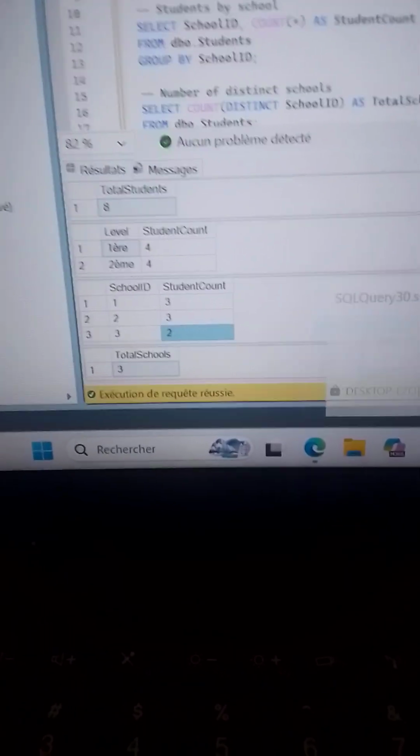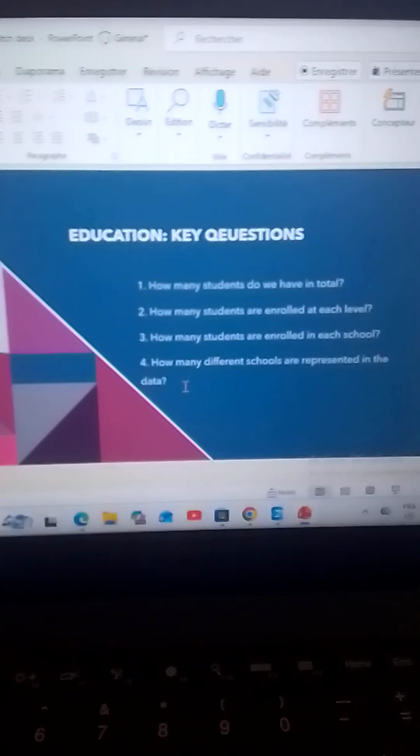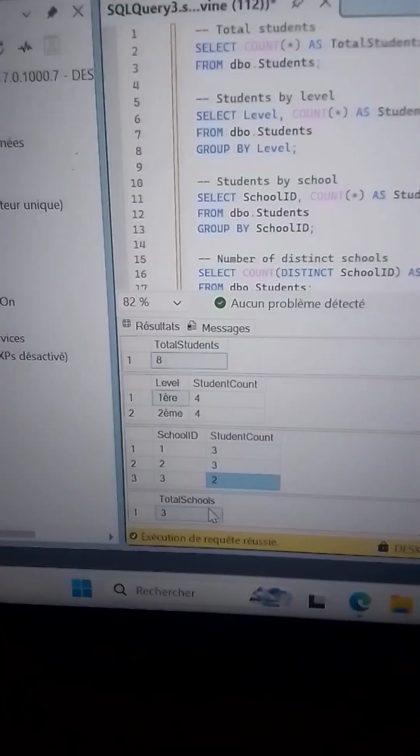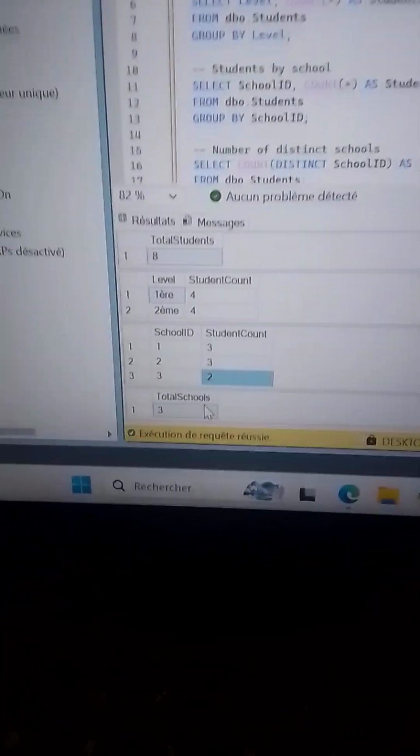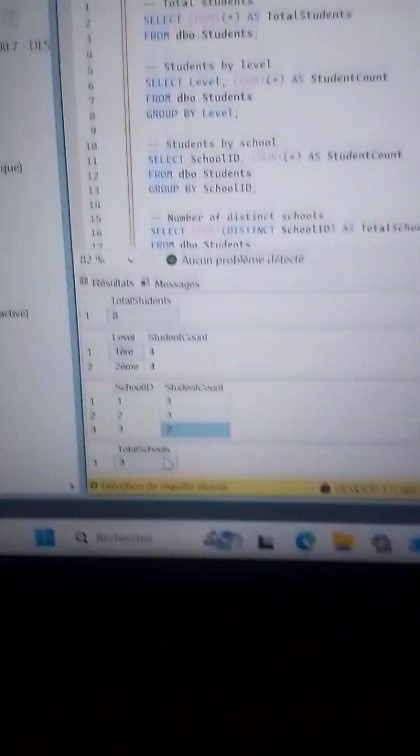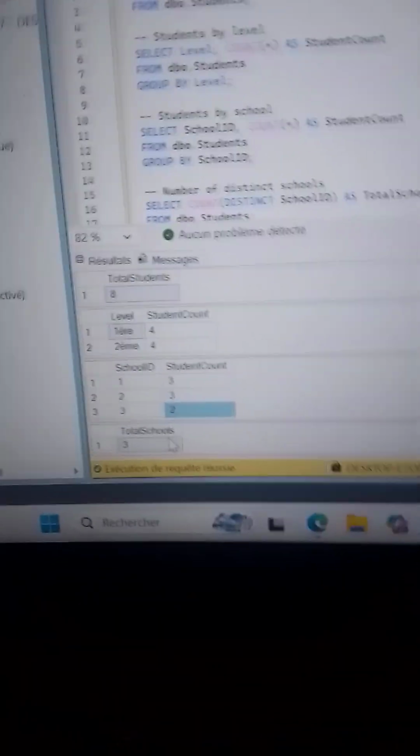This is the answer, and let's go to my fourth question. How many different schools are represented in the data? Let's go to my answer. Total school, 3 schools. I used select to count 3 schools.